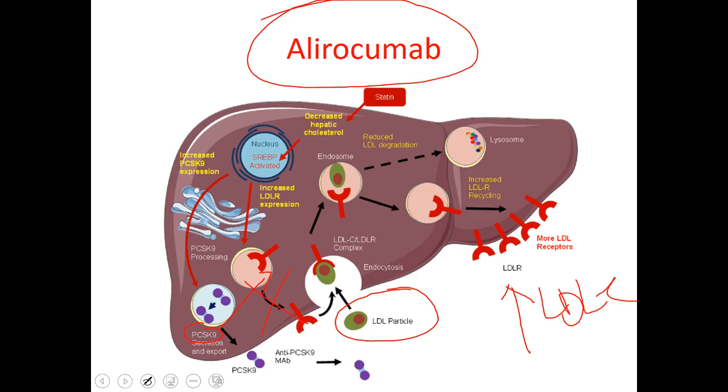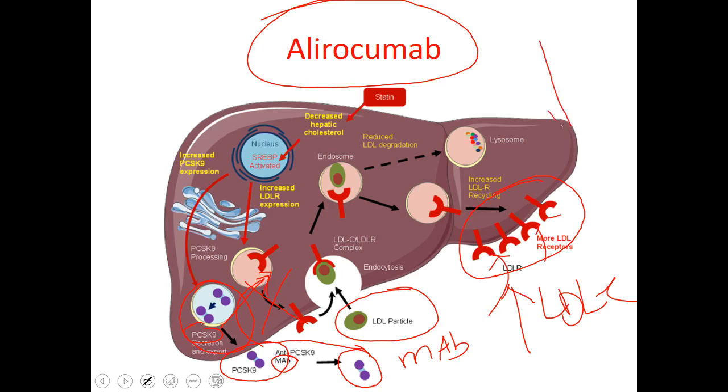In such patients, you could use what is called a monoclonal antibody to these proteins, and this antibody will bind to the proteins and will not allow them to reduce LDL receptors. So more LDL receptors will be expressed and that will sequester LDL, and finally it results in reduction in LDL cholesterol.